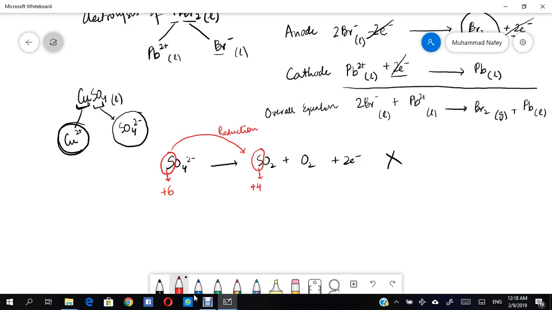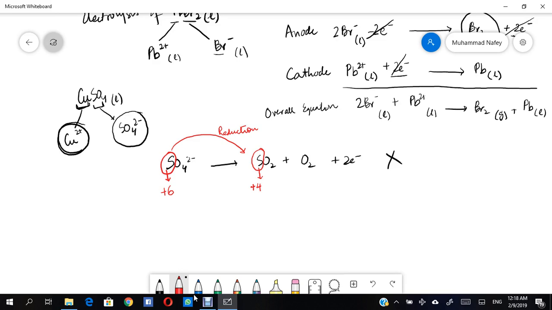And reduction cannot take place at the anode. That is exactly how we defined an anode: the electrode at which oxidation had to take place and not reduction. Therefore, this is not how things are going to take place.